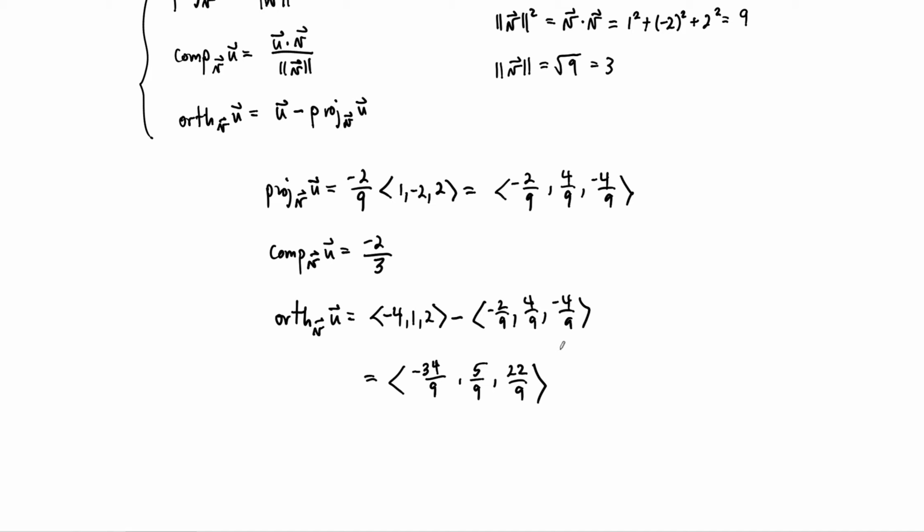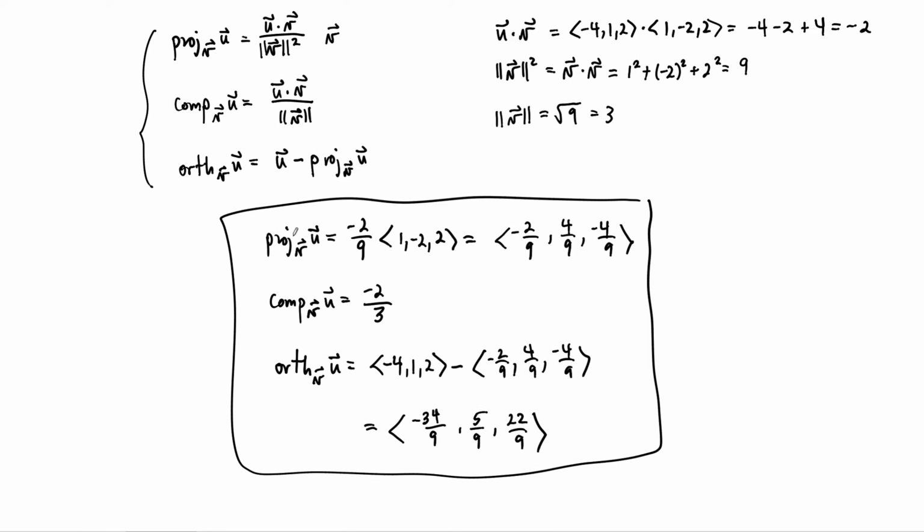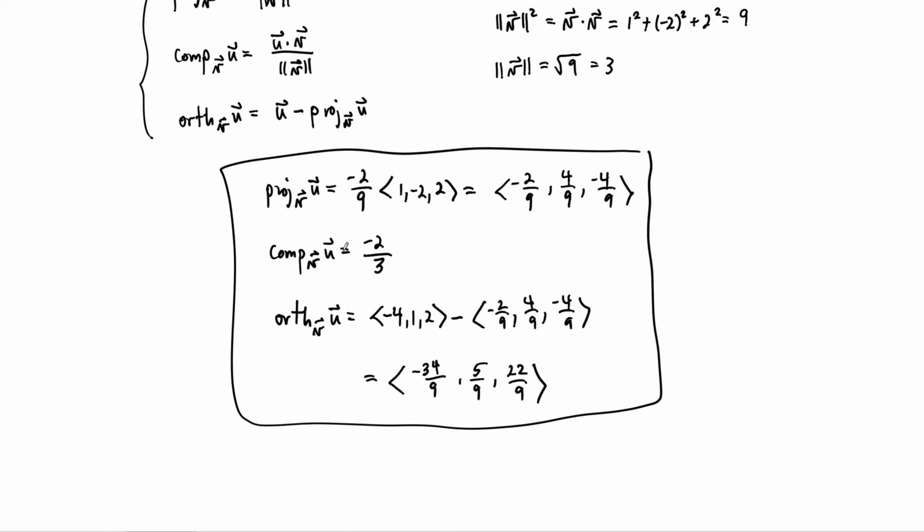All right, let's now repeat all this. So these are some of our answers. Let's repeat all of this by just switching the roles of u and v. Before we do that, think about whether you think the answers are going to be the same or not. Let's say u looks something like this, and v looks something like this. I think I'm switching the colors from the last video, but that's okay.